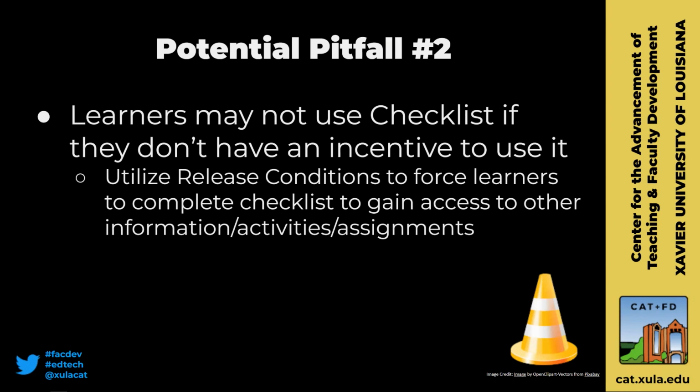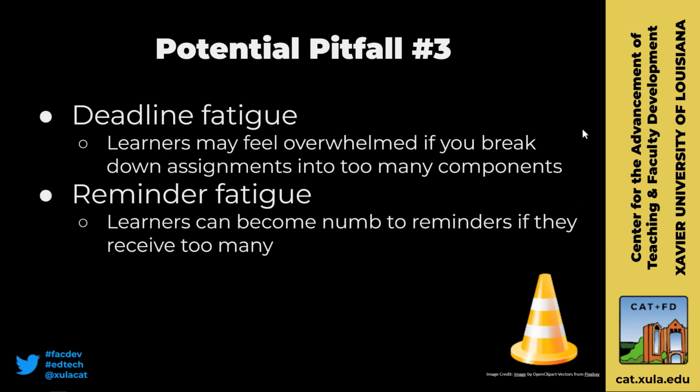So you can utilize release conditions to force them to complete a checklist to gain access to some other information, content, or activity. Potential pitfall number 3, fatigue. Your learners may feel overwhelmed if you break down the assignments into too many components, or they may become numb to reminders if they get too many.